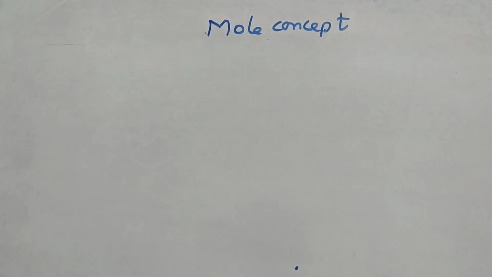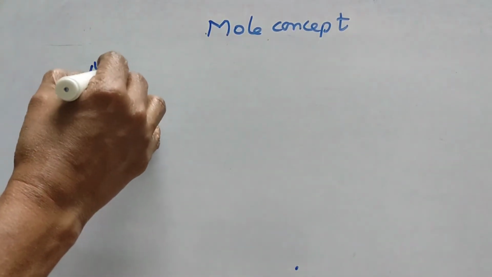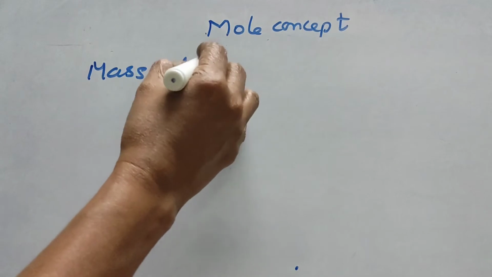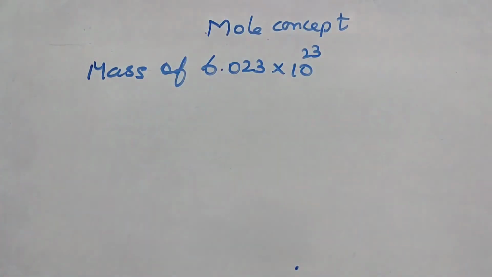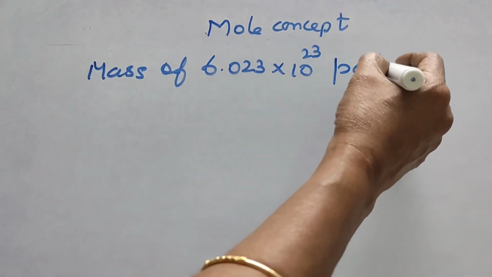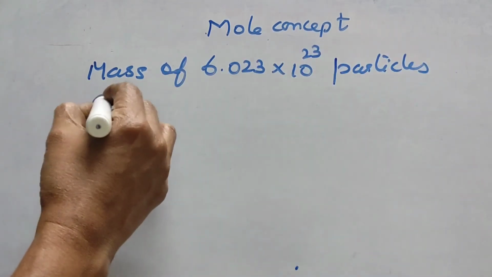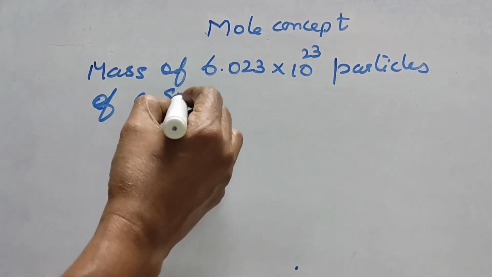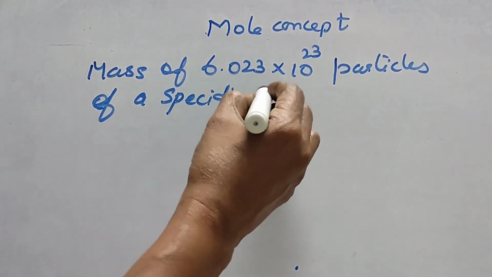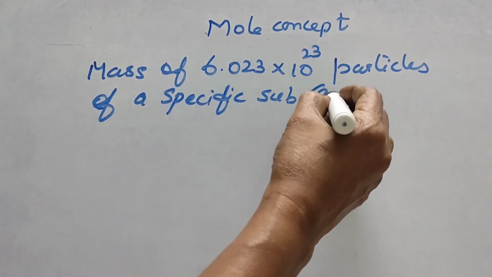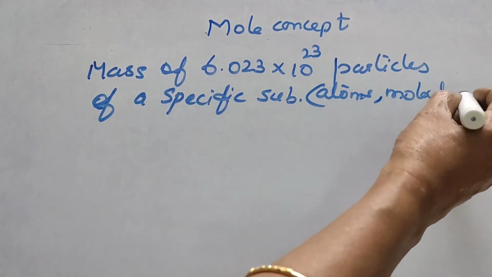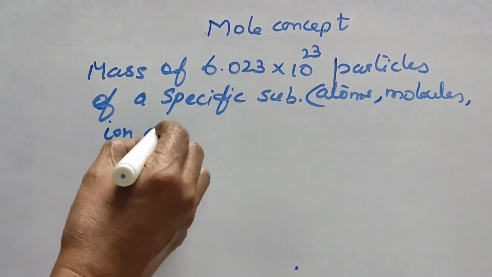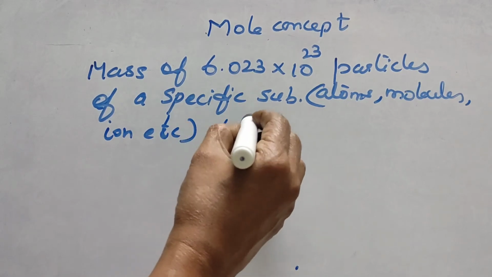But the mass of 6.023 into 10 power 23 particles of a specific substance, whether atoms, molecules or ions, will be constant.